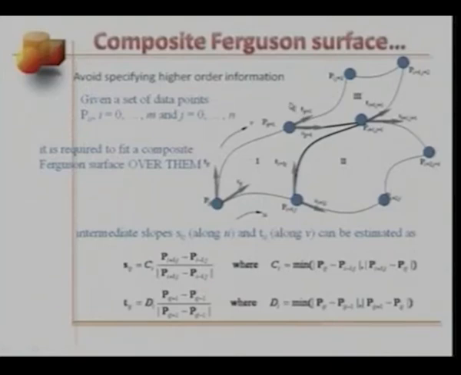So much for the slope information. If patches 1, 2 and 3 happen to be Ferguson patches, recall from our previous lectures that we would need the slopes along the u direction, those along the v direction, and also the twist vectors, or the mixed derivatives of r, at these points. For now, we can assume that these twist vectors are 0.